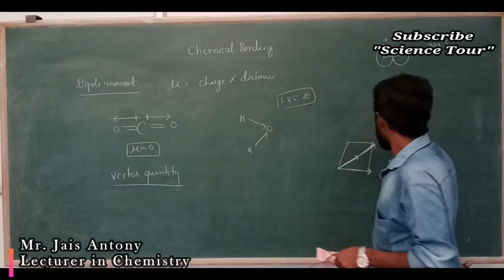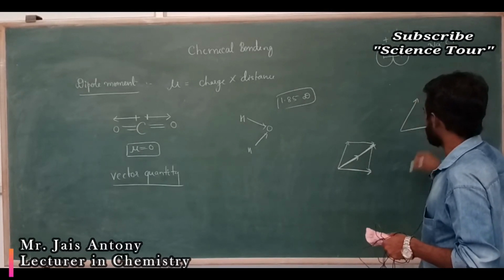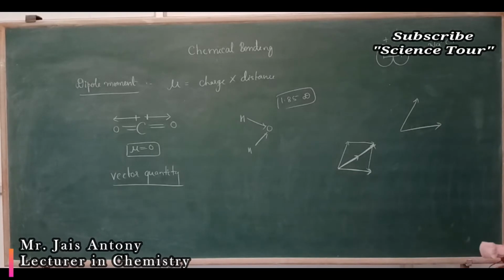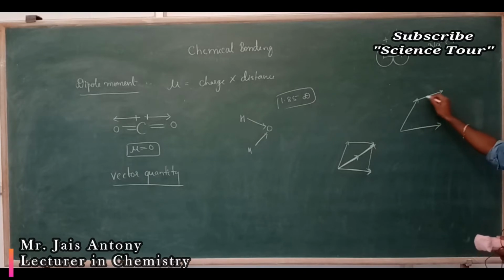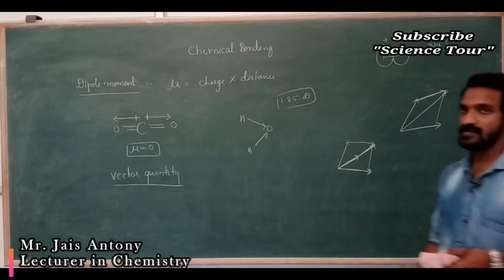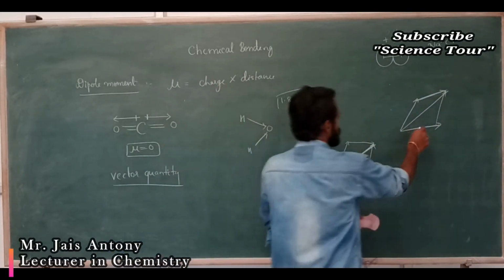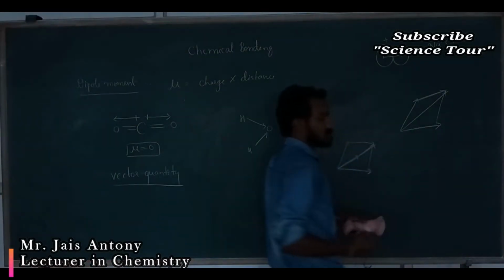If you are getting two polarities like this, then you should draw a line parallel to this one, and another parallel line for this one, and join them, and this is called the resultant.